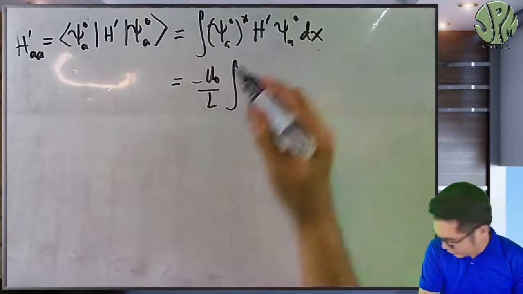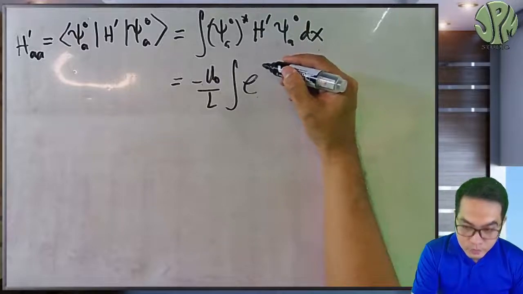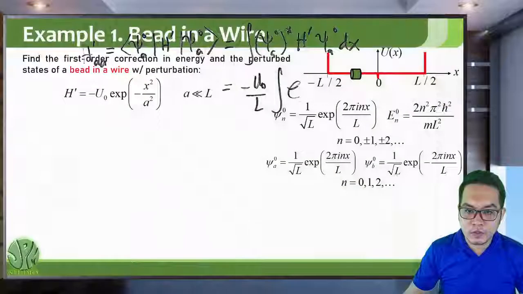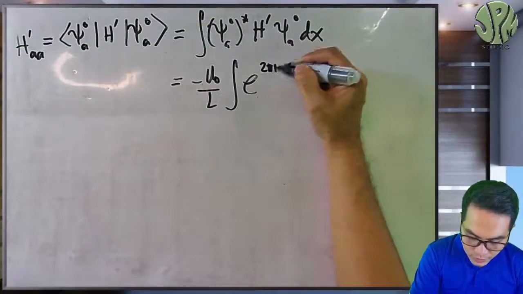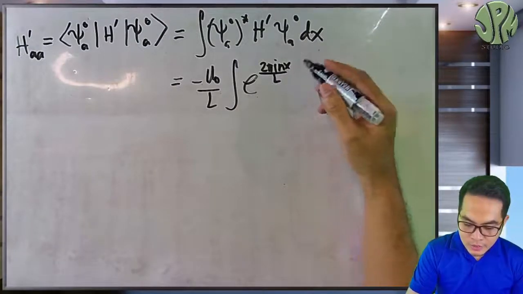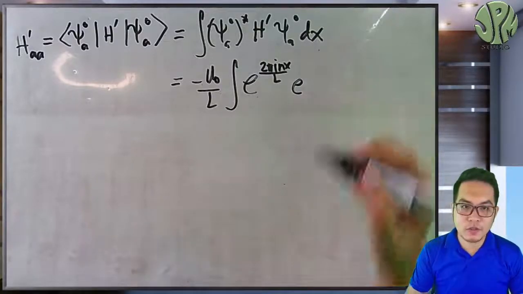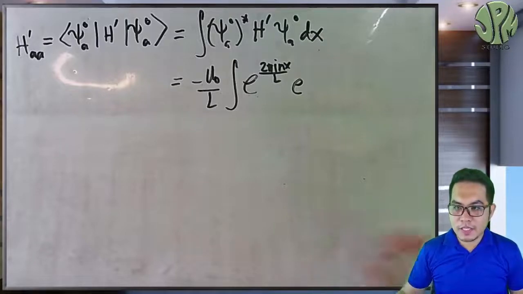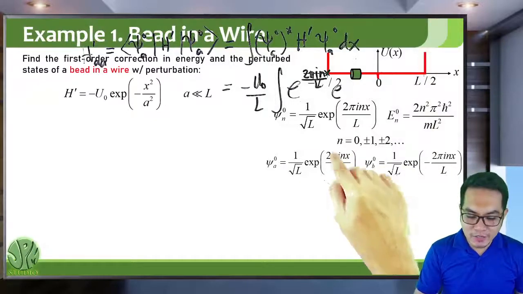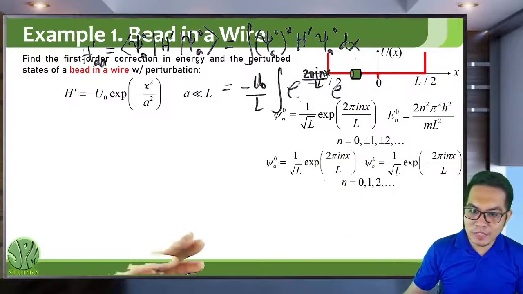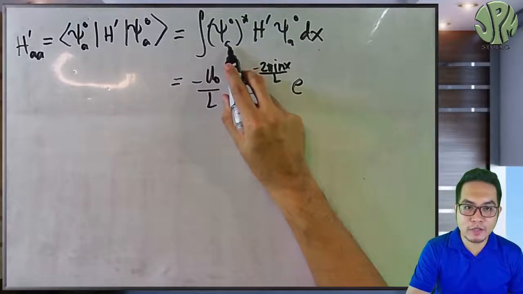So the integral of the first one is e to the 2 pi i n x over L, and then the perturbation. Sorry, there's an imaginary part here, because there's an i. If you take the conjugate, then the i becomes negative i. So basically this becomes negative, because you take the conjugate of psi A 0.